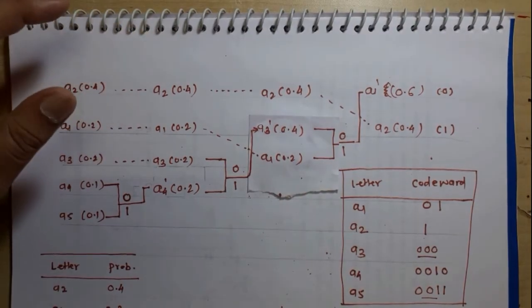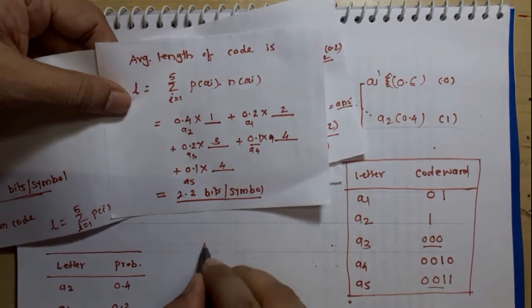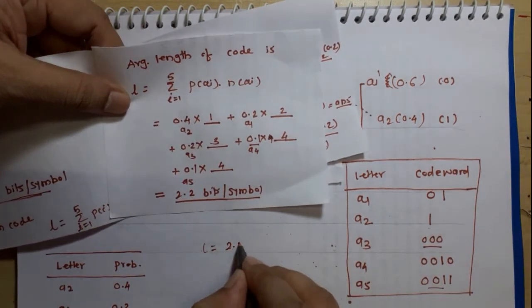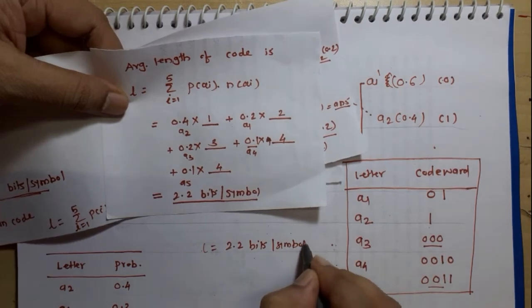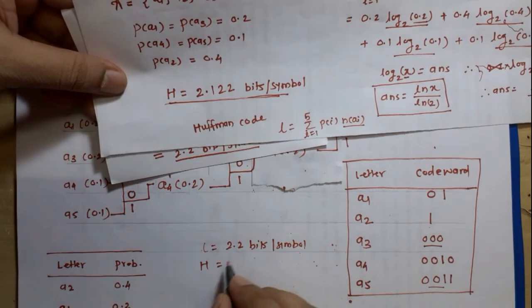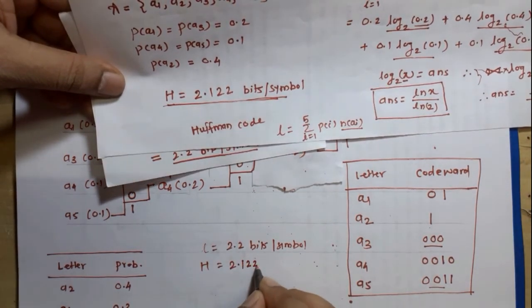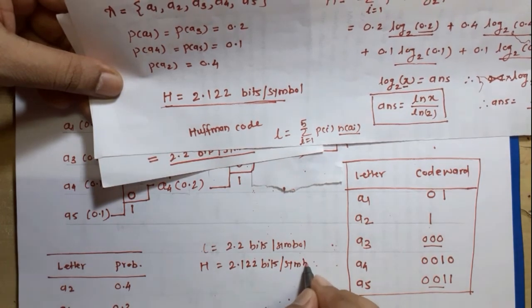So in this way we have calculated length of code L is equal to 2.2 bits per symbol and entropy H is equal to 2.122 bits per symbol.